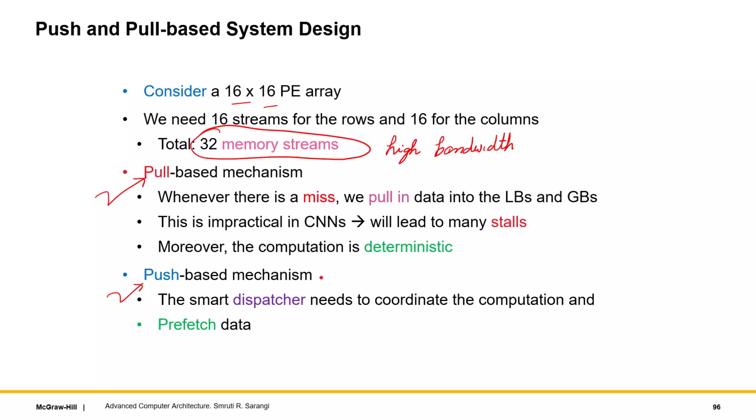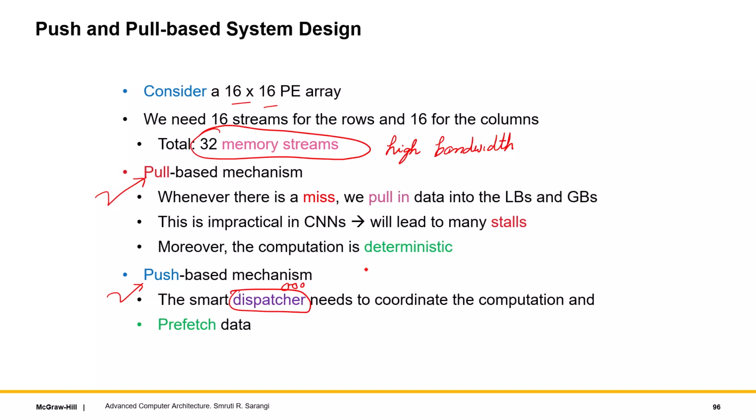Instead, you can use a push based mechanism where your compiler and a smart dispatcher, which is nothing but a program running on the brain of the accelerator, which is an out of order processor, needs to coordinate the computation, and it can basically prefetch data. In a sense, it can keep data warm in the caches such that it can be used, right?